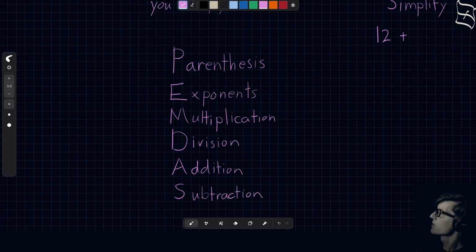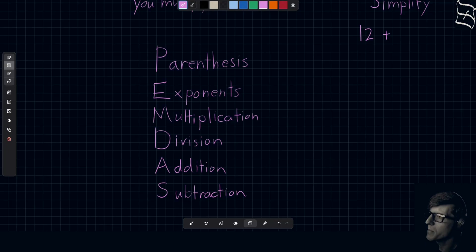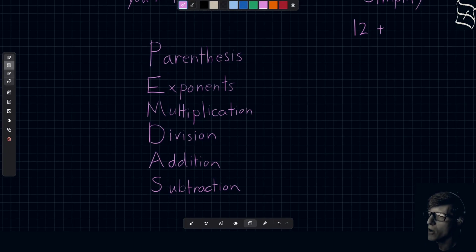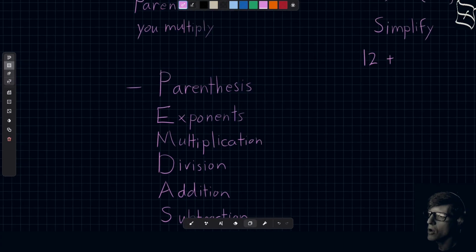This is the order that we want to perform our mathematical or arithmetic operations in. We solve our parentheses. We solve in this order.